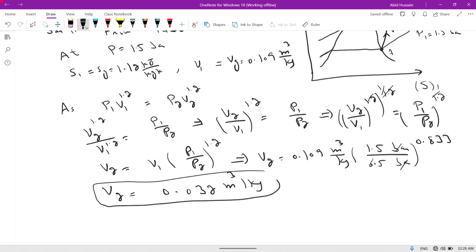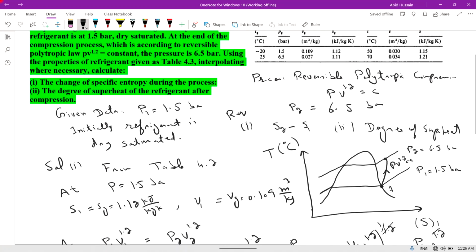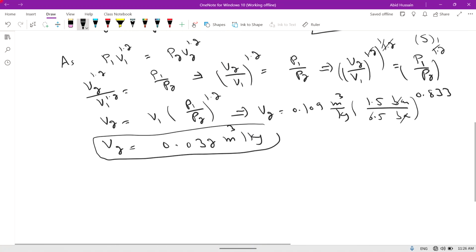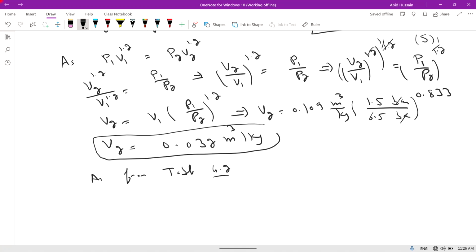Now if we check the table, at P2 equal to 6.5 bar in table 4.3, Vg is equal to 0.027 meter cube per kg, and the calculated V2 is 0.032, which is more than Vg from the table.